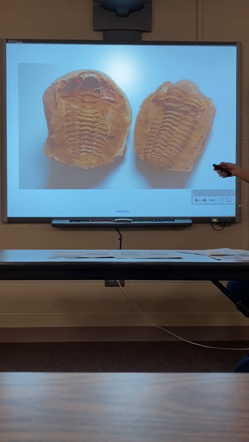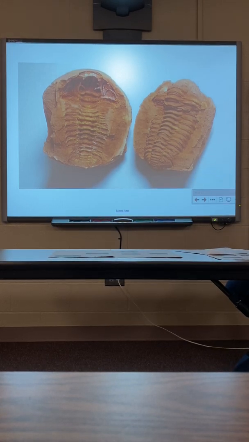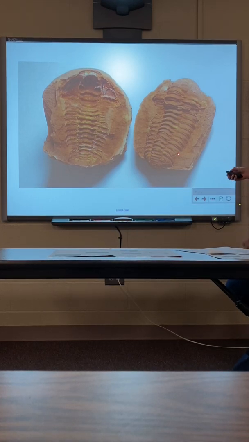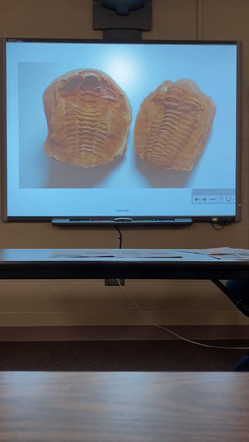So this is like the imprint of the body. It was formed first when the organism was actually still in it, but as the organism died and decomposed, all that was left was this kind of hollowed out imprint. Later, sediment filled that in, and then now you have this three-dimensional shape called the cast of that fossil.